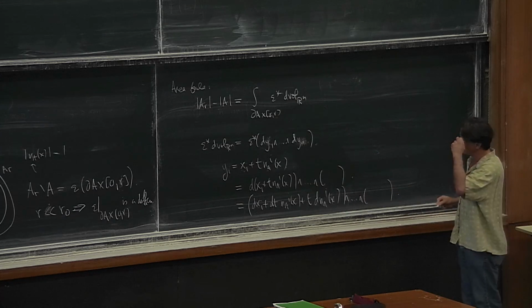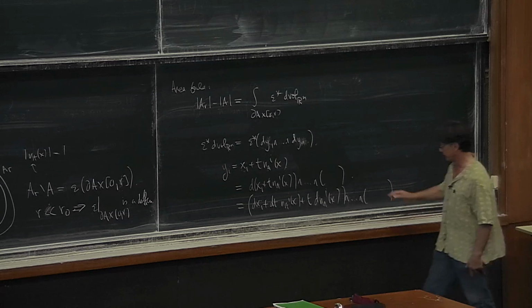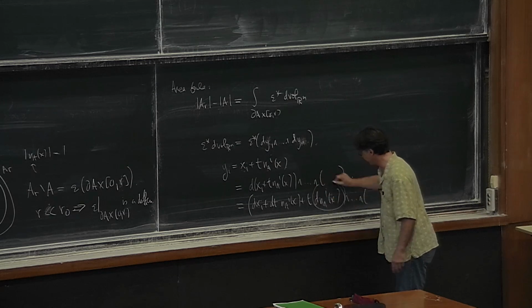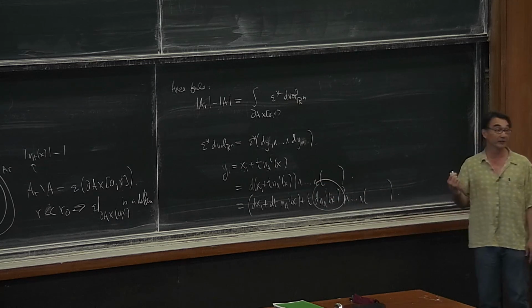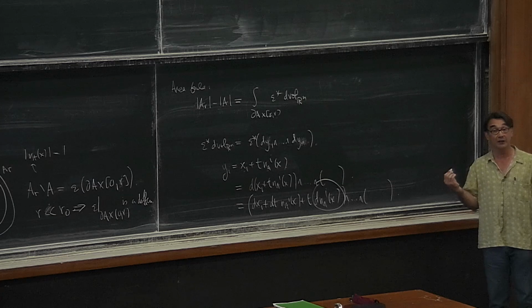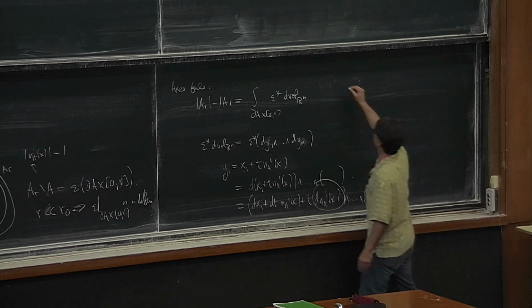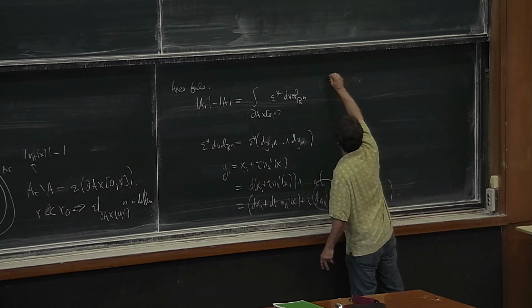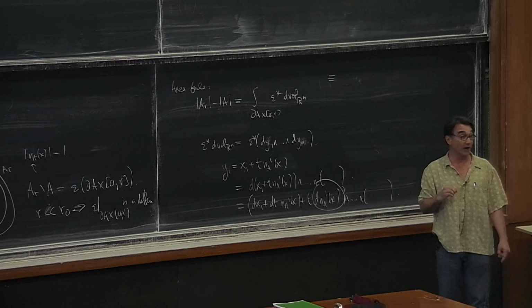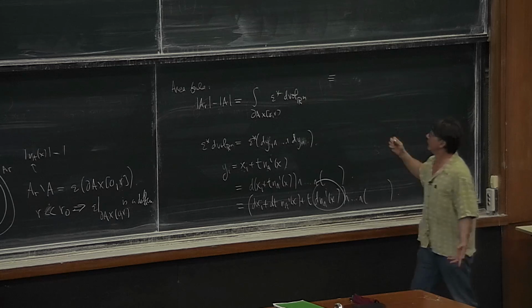So the upshot is, if you start expanding this thing out and observe that these things here can be expressed in terms of the second fundamental form of the boundary, what we get is that this is some polynomial.